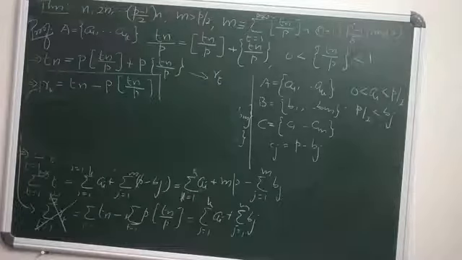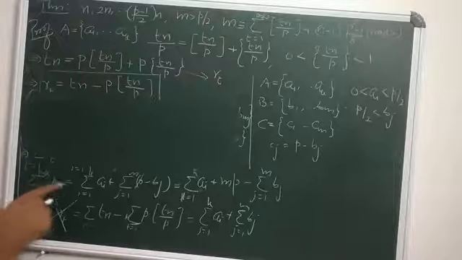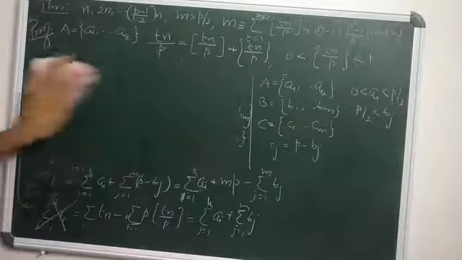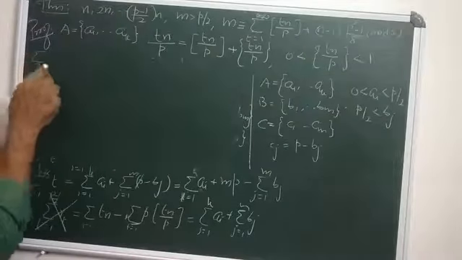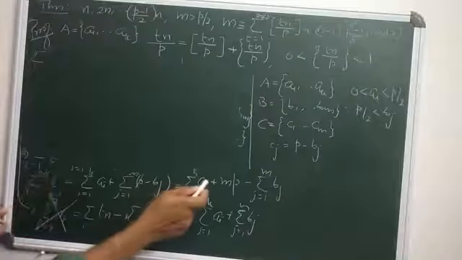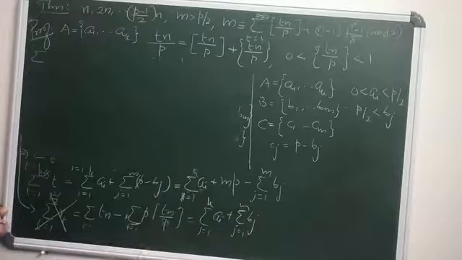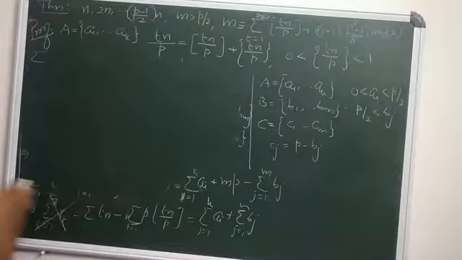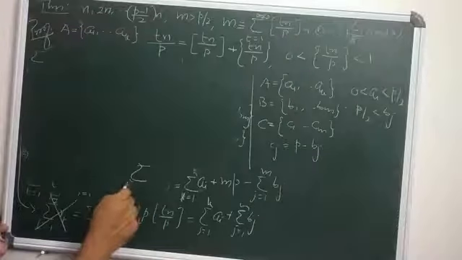Agree? Now, but we know what is sigma T? Sigma T equals sigma Ai plus MP minus sigma Bj. This is our next result.